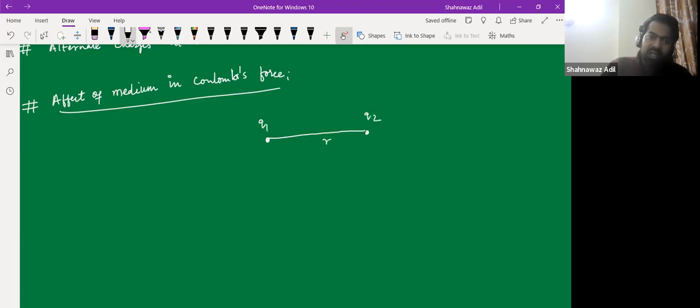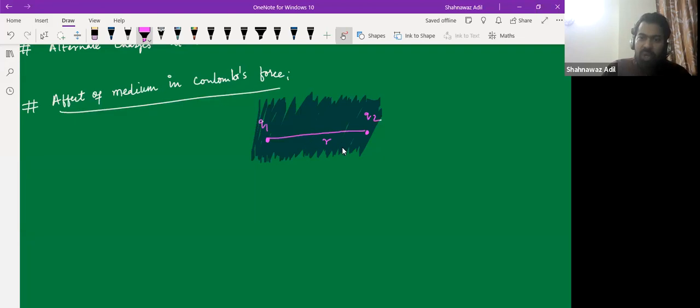If we have placed them in a medium, let's say water, then the force will be affected.